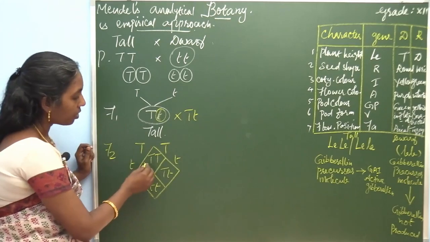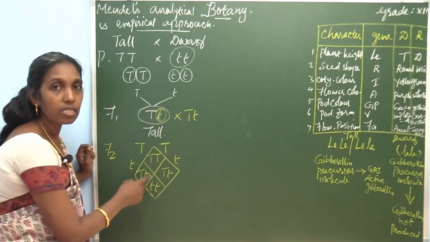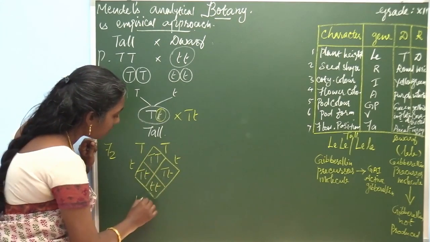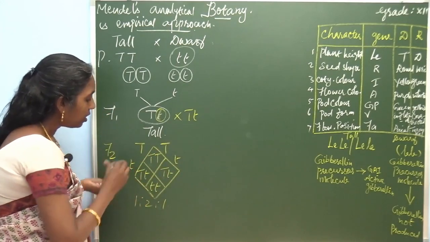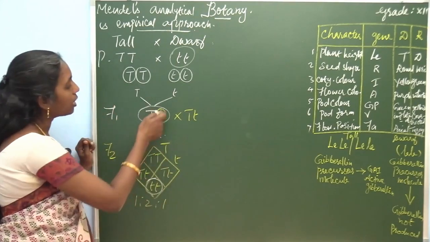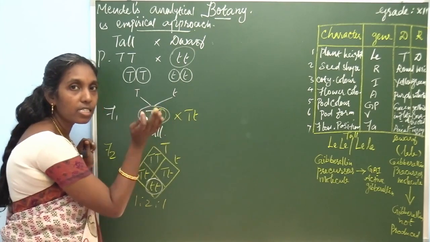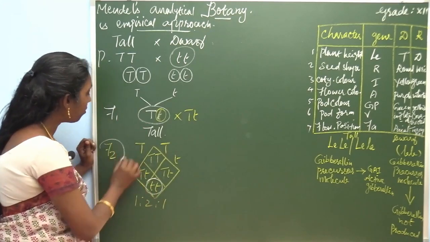So, this is homozygous tall, these two are heterozygous tall, and this is homozygous dwarf. So, it gives the 1:2:1 ratio. Now, this small t is expressed, but in the F1 generation this dwarf character is hidden or masked, and it is expressed in the F2 generation.